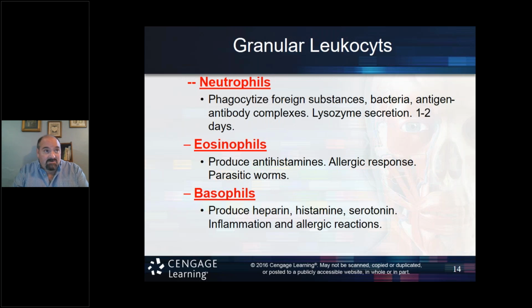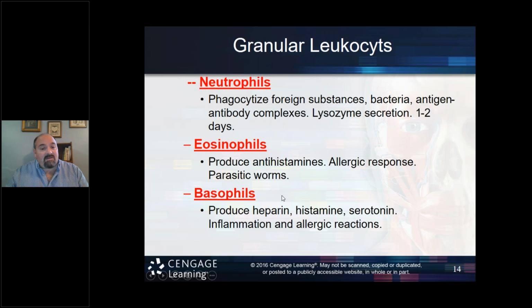So antihistamines will decrease the inflammatory response, and eosinophils also are involved in the attack upon parasites. Okay. Basophils, again, we said that this is the leukocyte that is present in the least amount. Okay, the lowest numbers of leukocytes present would be basophils, and they produce heparin, histamine, serotonin.